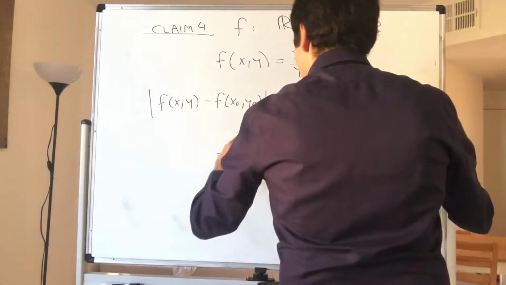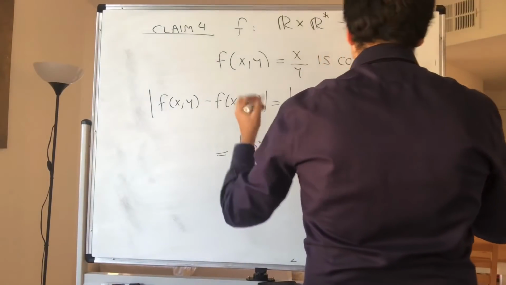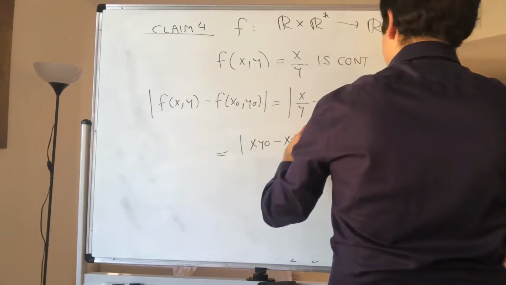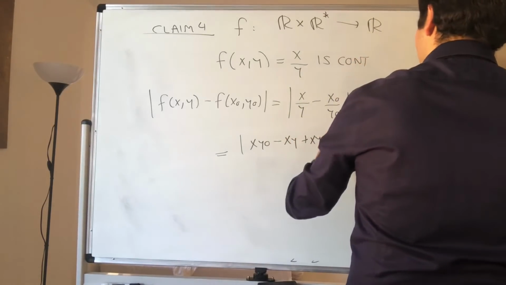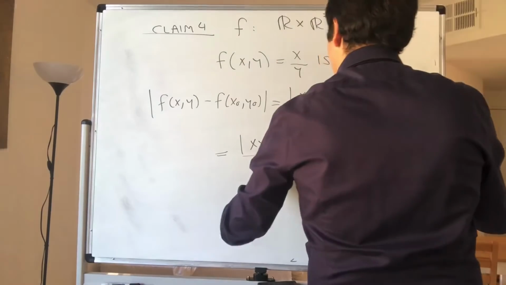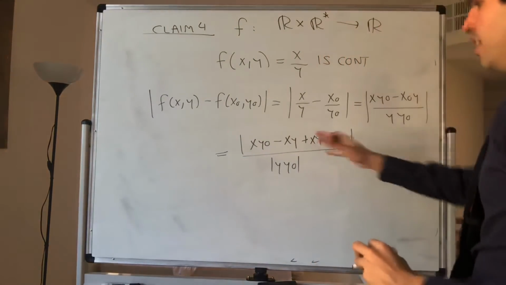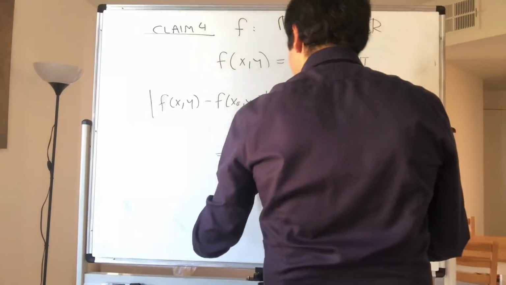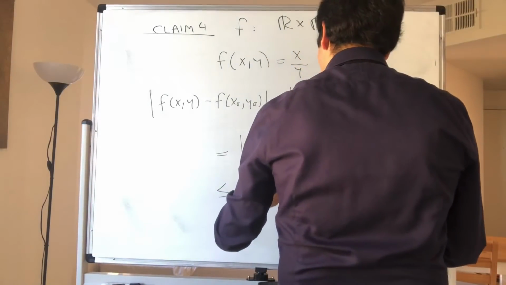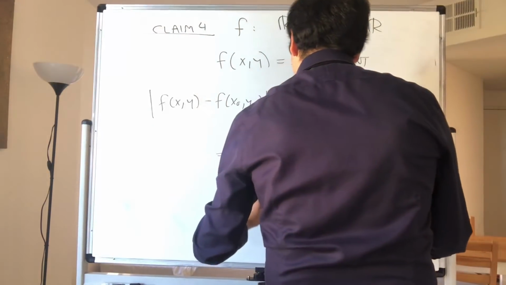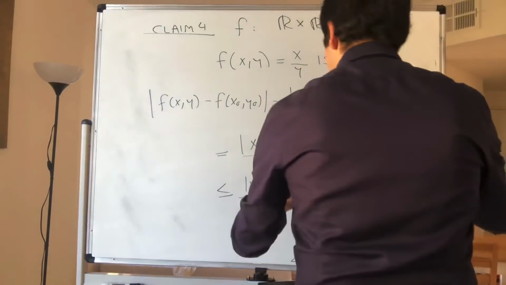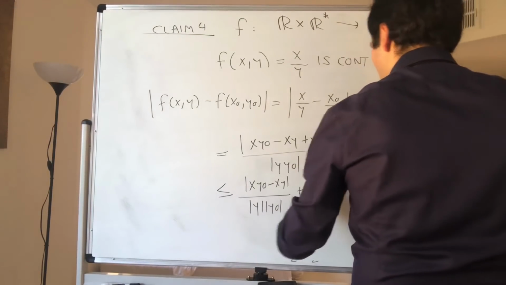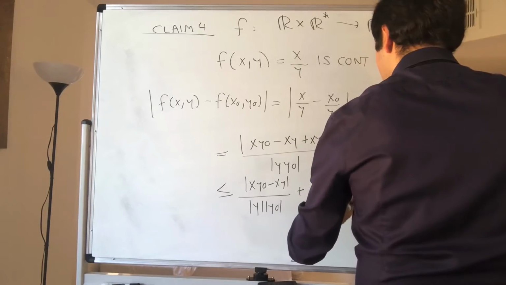So let's do x y naught, if you want, minus x y, and then plus x y minus x naught y, over y y naught. And then let's use the triangle inequality. So that's less than or equal to |x y naught minus x y| over |y y naught|, and then plus |x y minus x naught y| over |y y naught|.